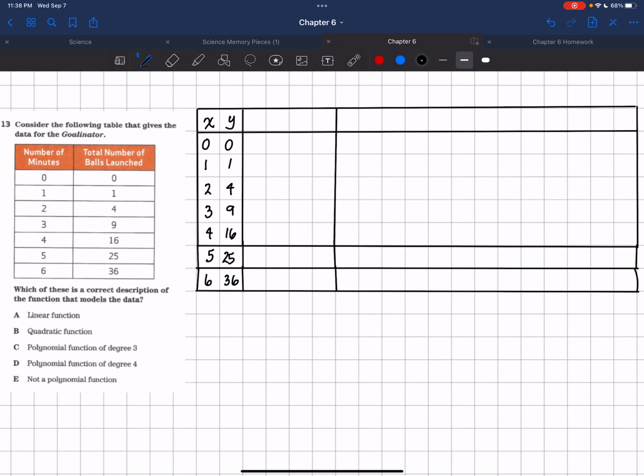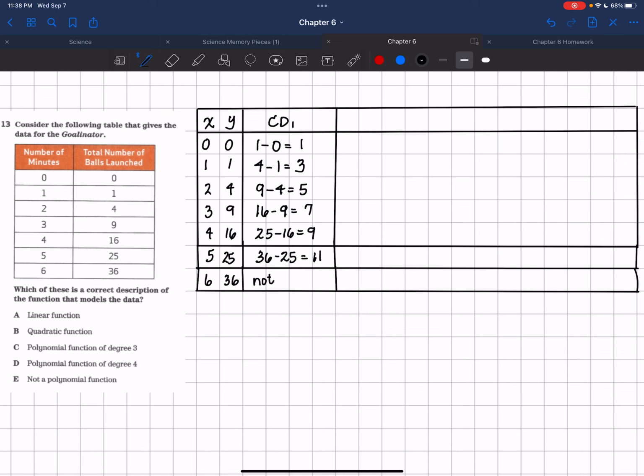All right, so common difference or consecutive difference at the first level. 1 minus 0 is 1. 4 minus 1 is 3. 9 minus 4 is 5. 16 minus 9 is 7. 25 minus 16 is 9. 36 minus 25 is 11.